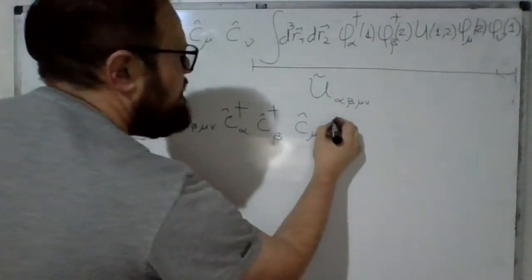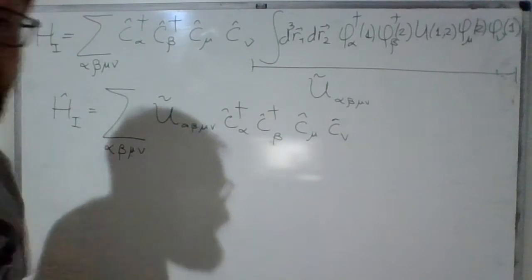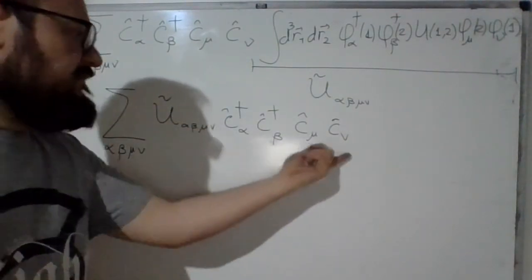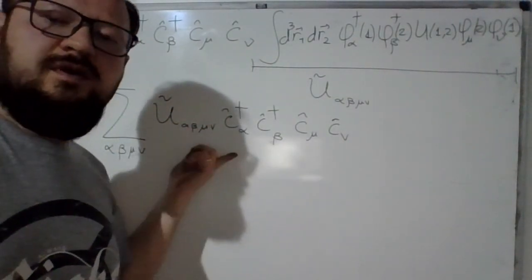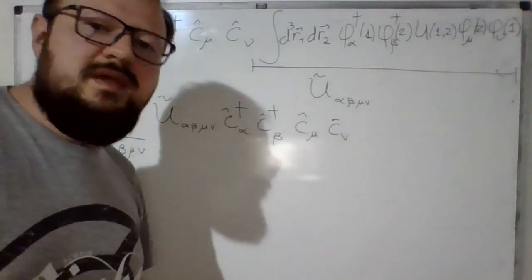Okay, so this is what results. And this four operators product, what does that really mean?